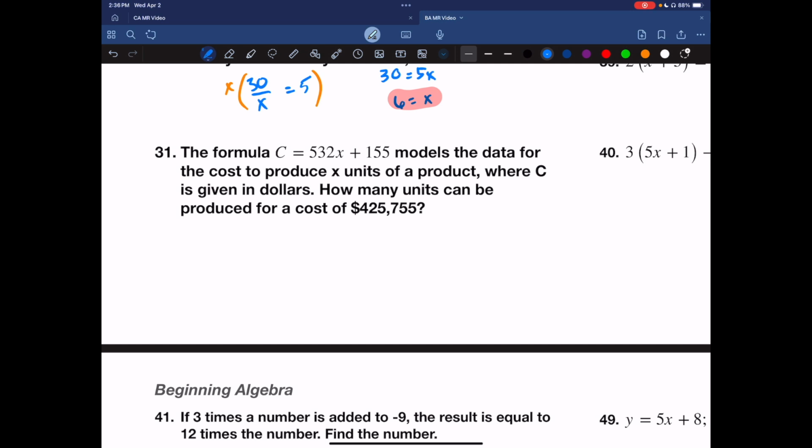I'm going to plug in 425,755 equals 532x plus 155, and I'm looking for x, so I've got to move this around. So it's going to be minus 155. So that's going to be 425,600 equals 532x. You divide both sides by that, and x is going to be 800. So how many units? 800 units.